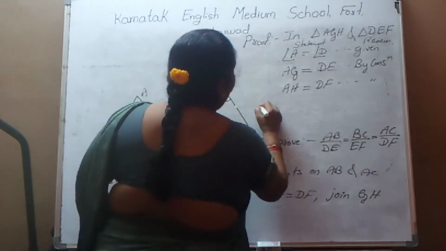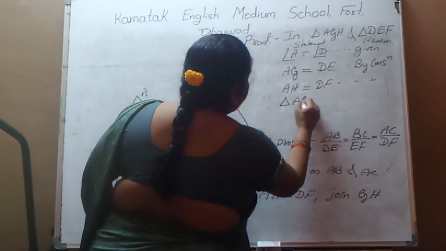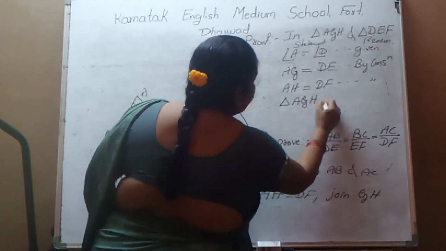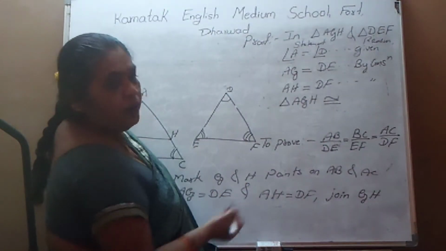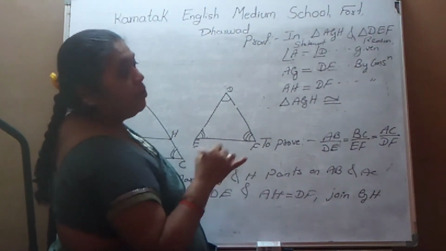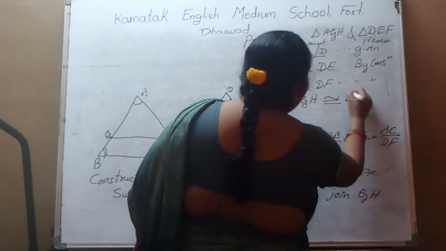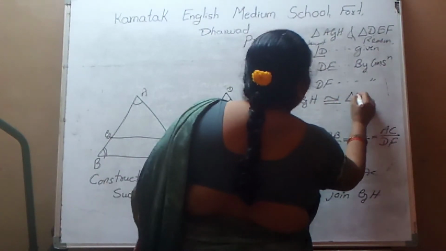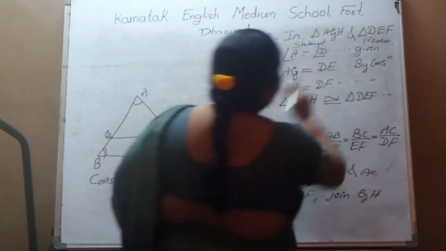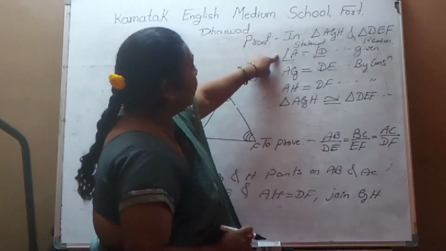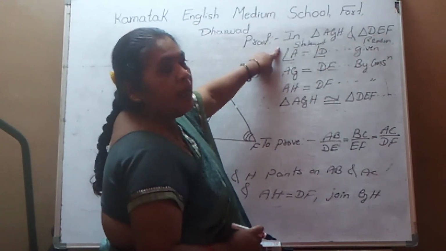So, therefore, triangle AGH, what is the symbol of this? Congruent. This is the symbol of congruent. Triangle AGH is congruent to triangle DEF by two sides and the included angle.